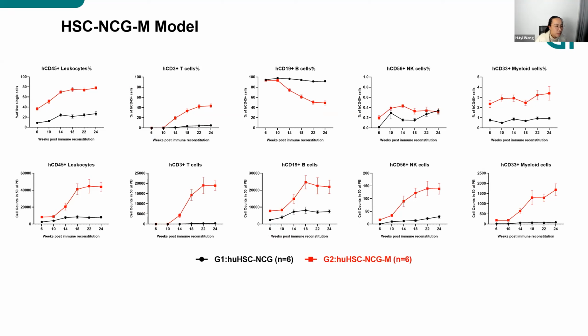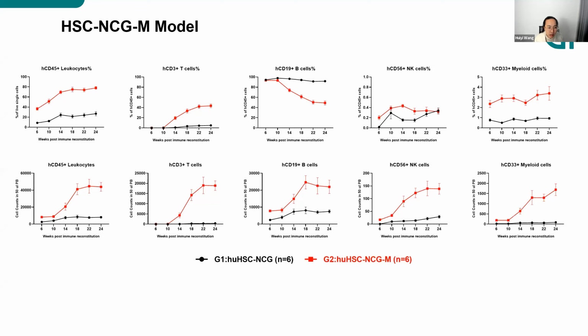And we compared the reconstitution level and the cell development in the NCGM. We can see the percentage of human CD45 positive leukocytes is obviously higher than in the NCG mice, including much higher CD3 positive T cells, higher CD19 positive B cells, CD56 NK cells, and CD33 myeloid cells.